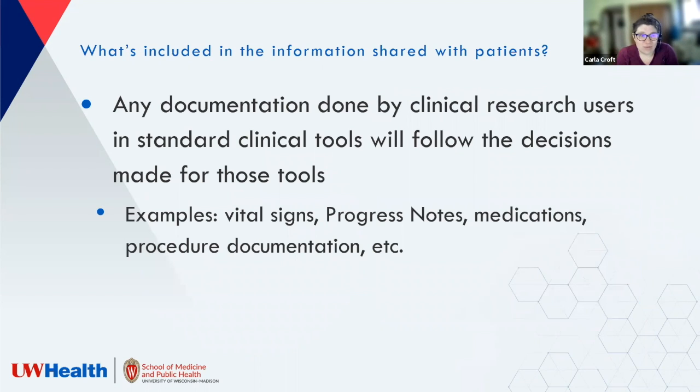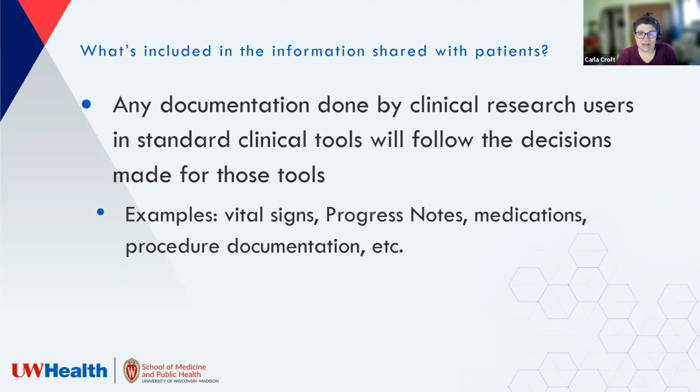So in that information that is included with patients is any documentation that is done by clinical research users that would otherwise be shared with the patient. The vast majority of documentation that is done for clinical research is done using standard clinical tools within HealthLink. Examples of this are vital signs, progress note, medication list, medication administration, procedure documentation.